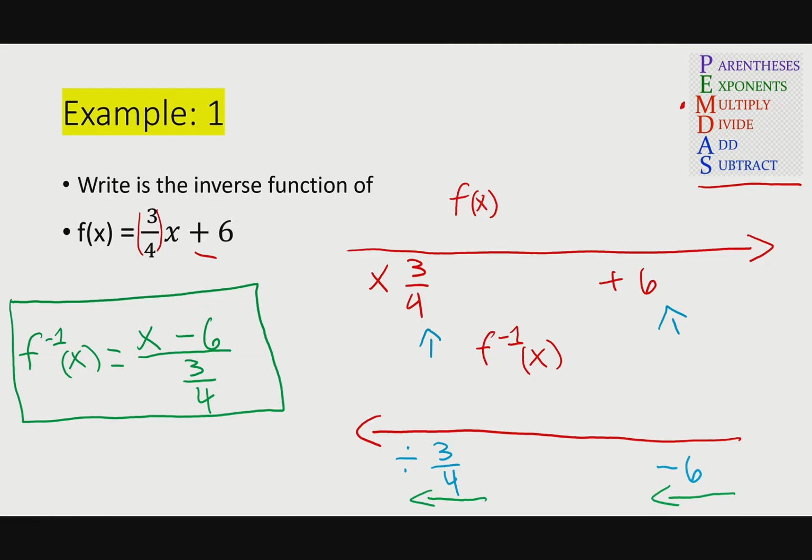I'm not going to do that in this video, but I'll just show you what it is, just in case if you worked it that far. You have 4 times x minus 6 divided by 3. If you're having trouble getting from here to here, go ahead and drop a comment in the comment section and I can help give some insight into how we get from that step to the next step.